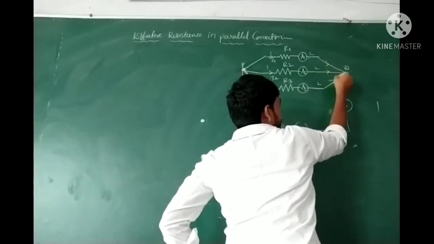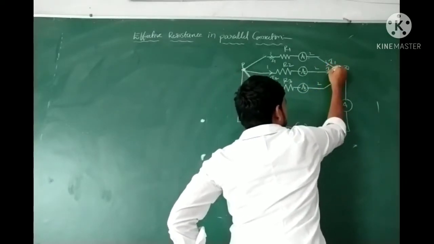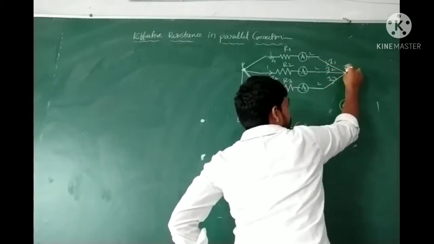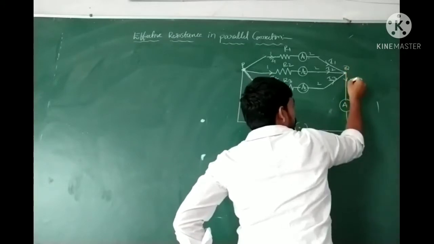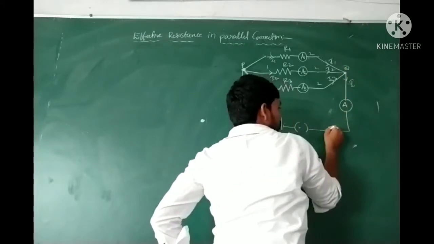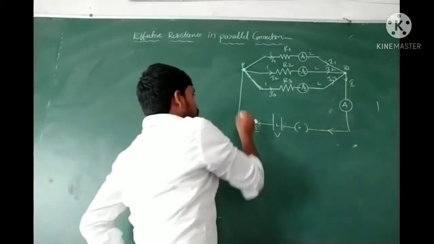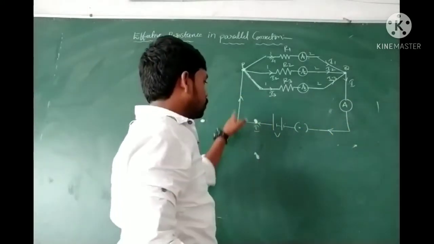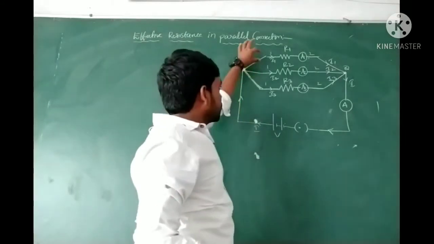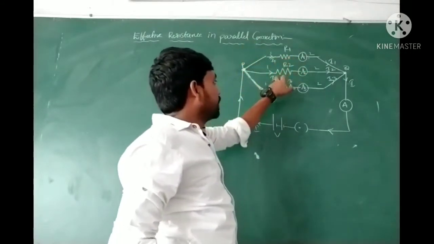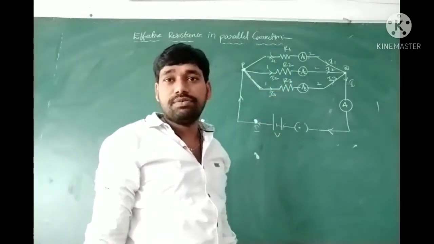These three currents I1, I2 and I3 are added together at Q, and the current I flows as in a series connection of these components. So the current outside is I. In the circuit, depending upon the resistance capacity, the currents I1, I2 and I3 are flowing.